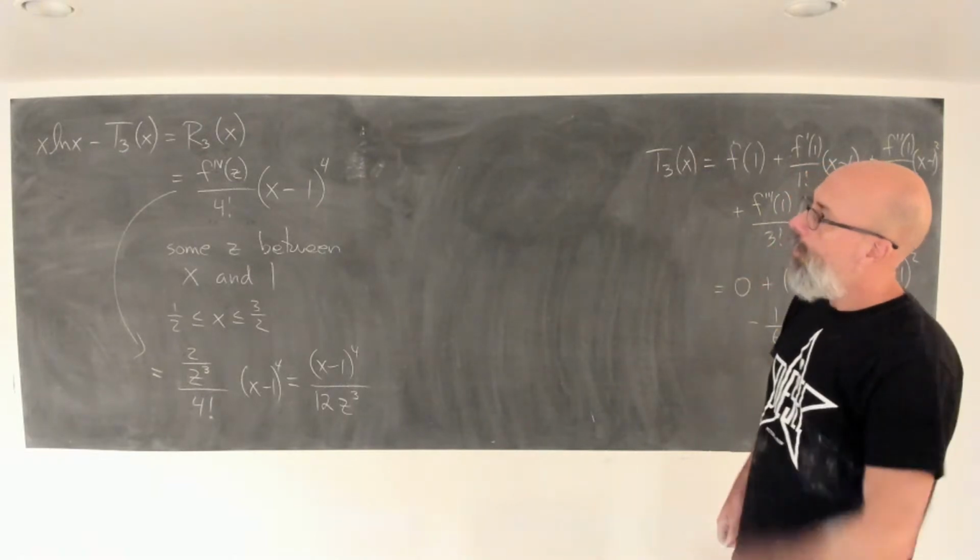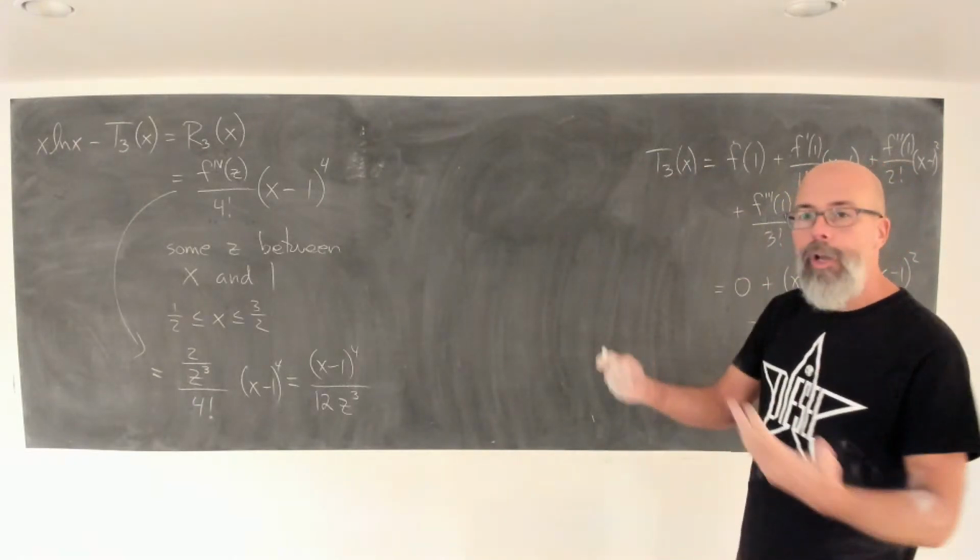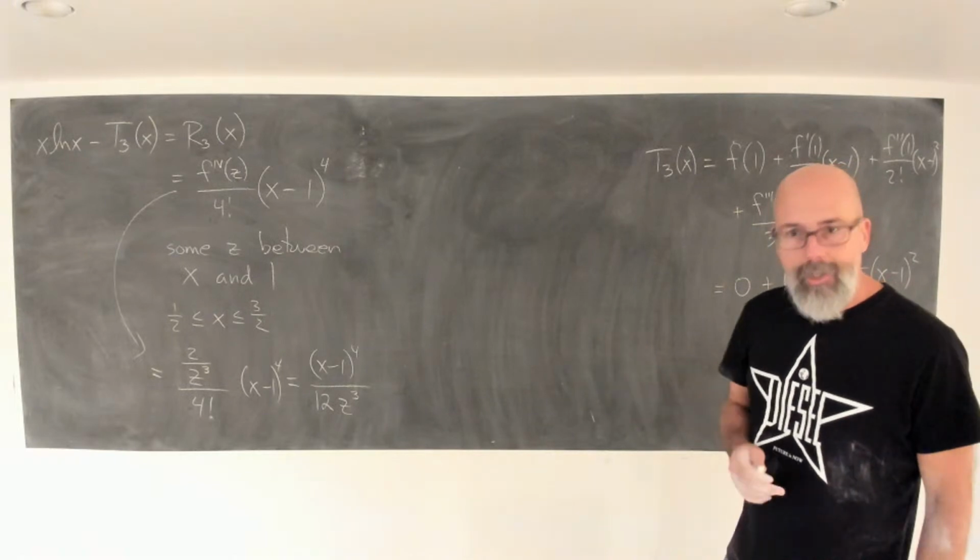And this idea of Lagrange remainder always works, alternating series test or not.